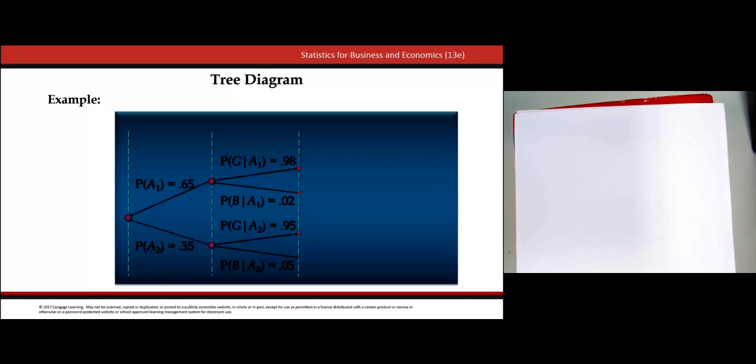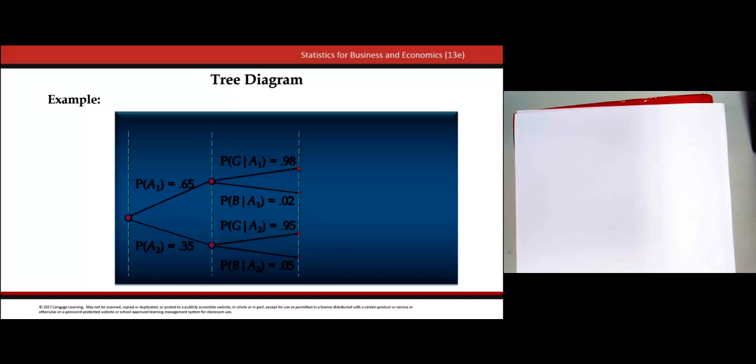What are those outcomes? A randomly selected part can be good and come from supplier 1. It can be bad and come from supplier 1. It can be good and come from supplier 2.